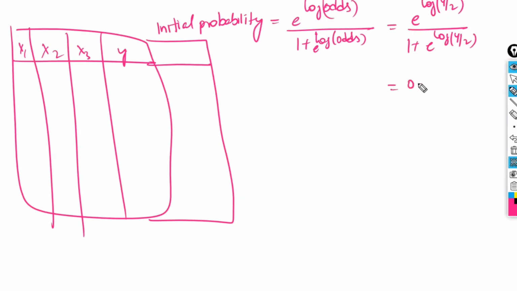And the answer is 0.7. For this record, initial probability is 0.7, and for all the records it is 0.7.